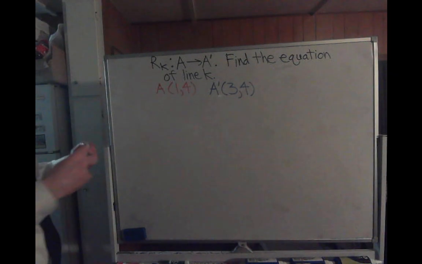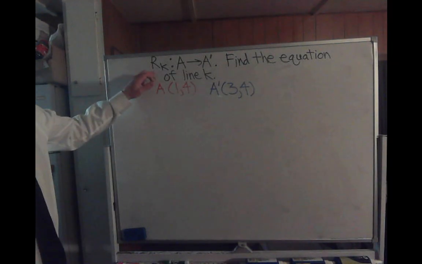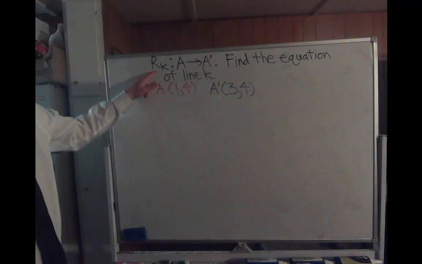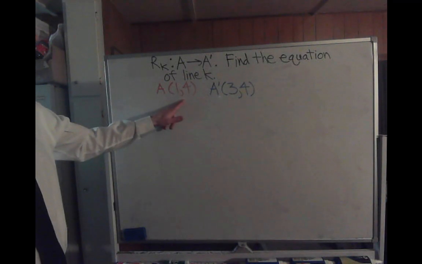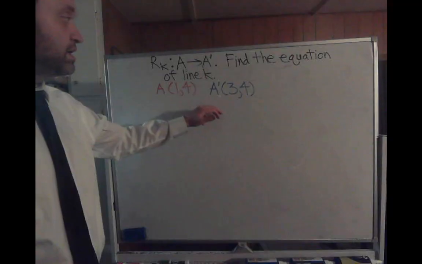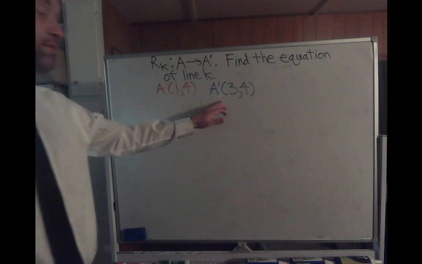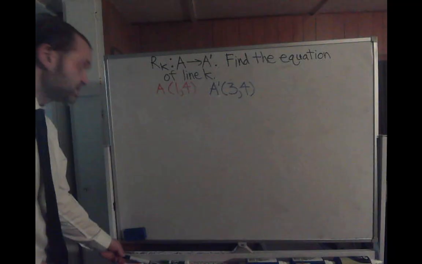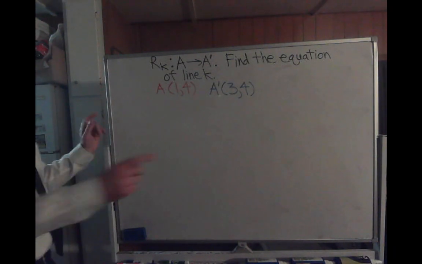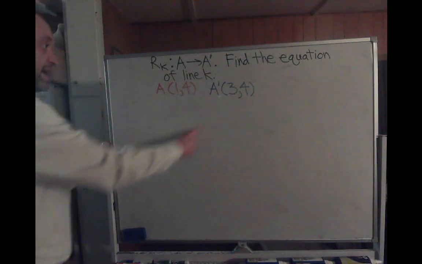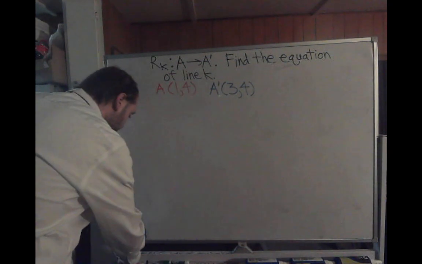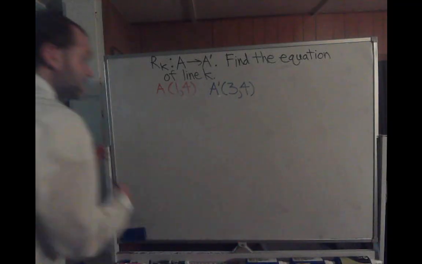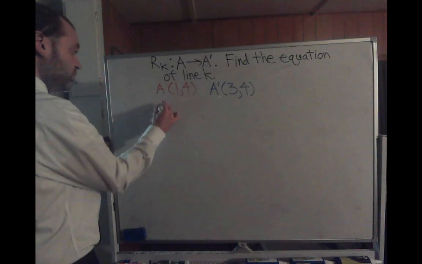Okay, so the reflection through line K of point A, being 1, 4, yields the point A prime of 3, 4. We need to find the equation of that line K, that line of symmetry. So first, find the slope of the line segment that joins A and A prime. So let's go ahead and do that.